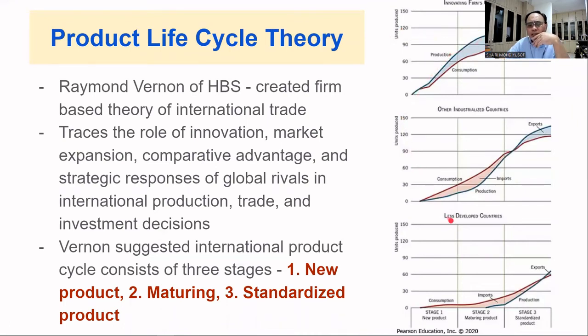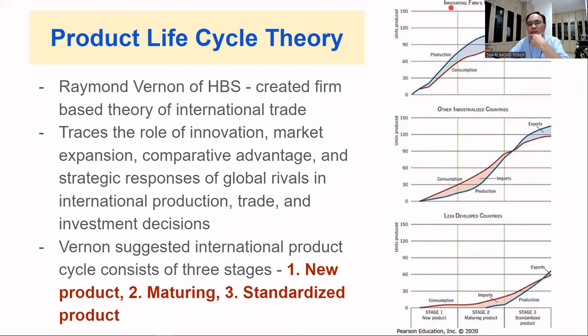Can you see, stage 1 is new product, stage 2 is maturing product, and stage 3 is standardized product. It is broken down into 3 types of countries: less developed countries, other industrialized countries, and innovating firm countries.